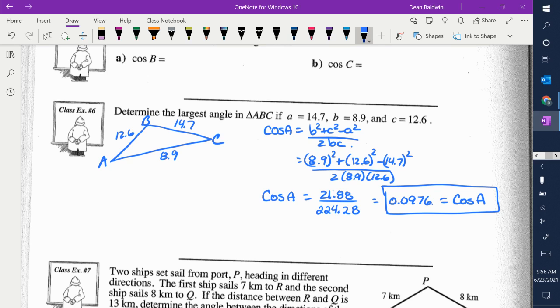Is that what we got? How do you find the actual angle? Cos negative 1. So A is cos minus 1, which gives you 84.4, or about that.